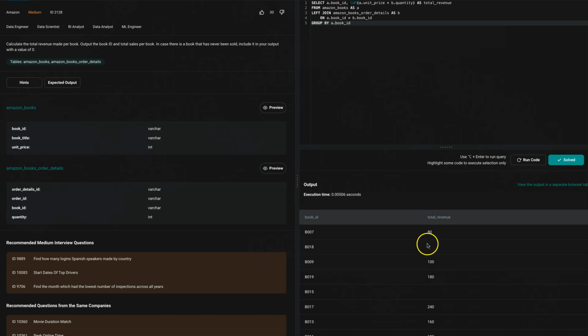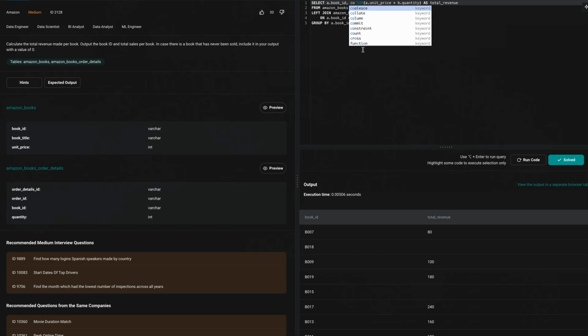You might be seeing some missing values here. Usually it's null, but how can we substitute 0? Because that's what they're asking in the question. If you read, in case there is a book that has never been sold, which is this one, include it in your output with the value of 0. So how can you replace these missing values with some value that we give? In Postgres, we have something called coalesce.